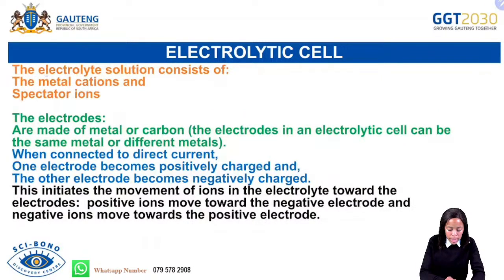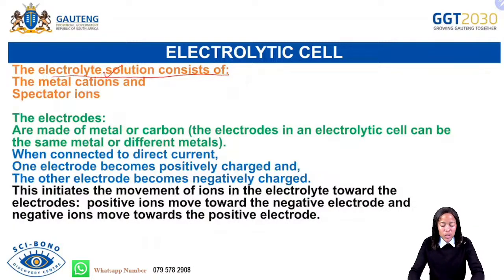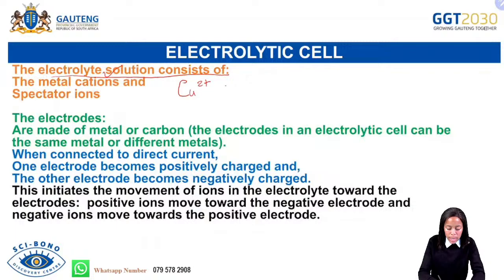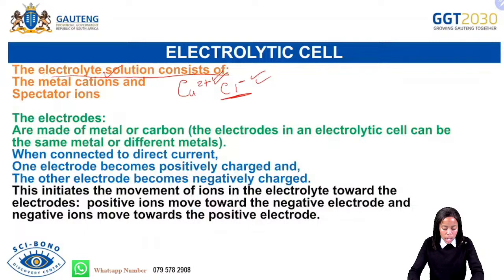On the next one, it says the electrolyte solution consists of the metal cations as well as the spectator ions. So for example, when it comes to Cu2+ and Cl-, we can therefore say that our Cu2+ will therefore be our metal cation, and we can therefore say that the Cl- can therefore be representing our spectator ion.